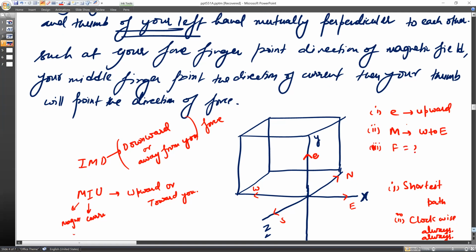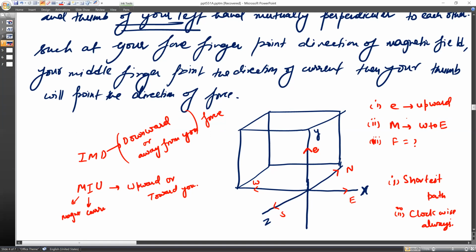Tell me. The force will be either into the plane or away from the plane, but you have to answer me: from north to south or south to north. From north to south. Okay.